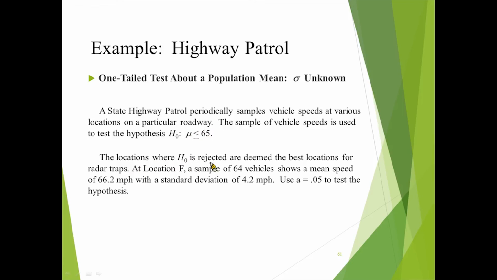Okay, so H0 is rejected. The 66 shows the mean speed, and the standard deviation is 4.2. This is the alpha, and the p-value is 0.05 to test the hypothesis.